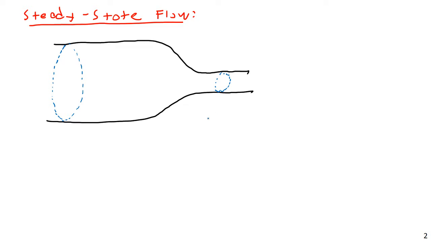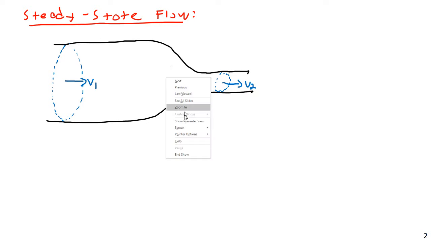I'm looking at how steady state flow interacts with continuity. So I have a flow here, velocity v1 and velocity v2, and I'm going to call this one A1 and A2. Fairly simple, straightforward. A1, A2.